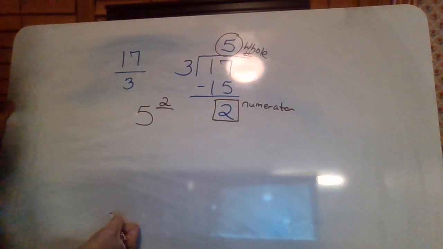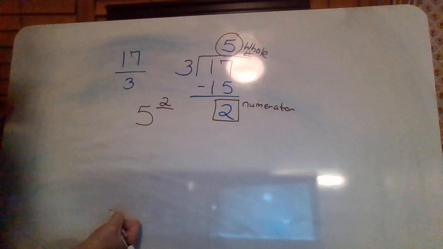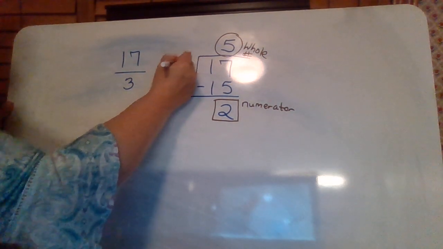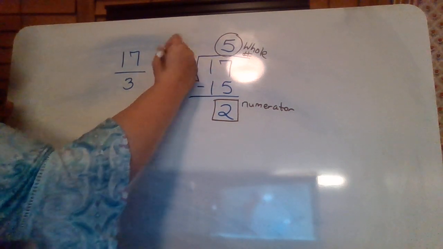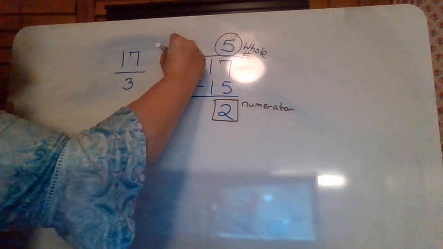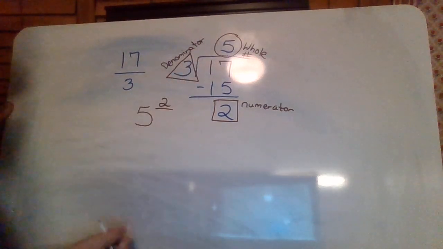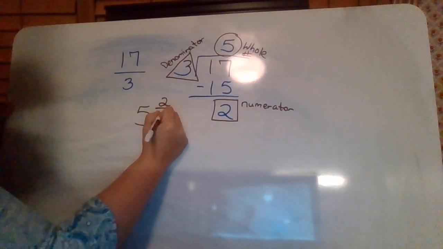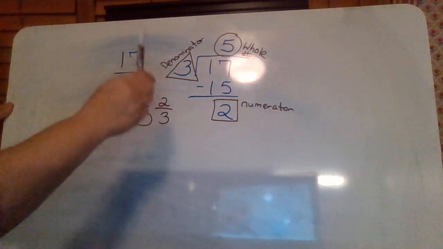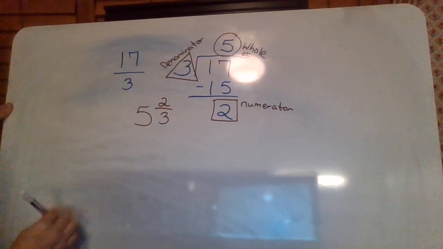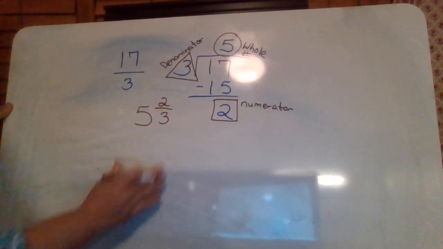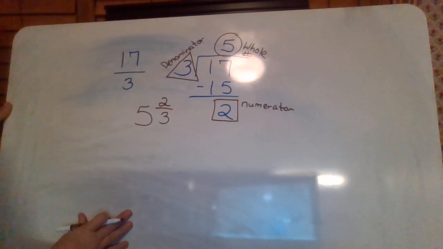And if you don't remember that, it's part of our word wall. So you can click on the word wall and go find numerator and it'll give you the definition again. And then this piece that we're dividing by is always your denominator. And again, that word's also on our word wall. So 17 over 3 is the same thing as 5 and 2/3.